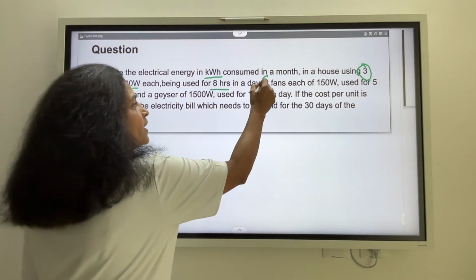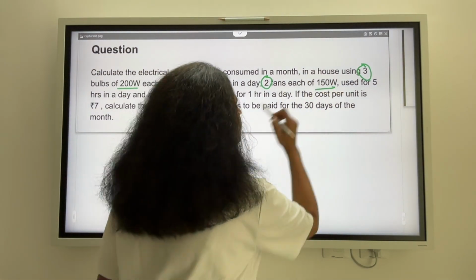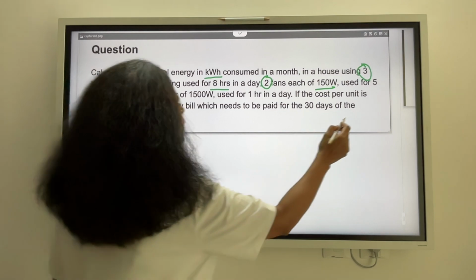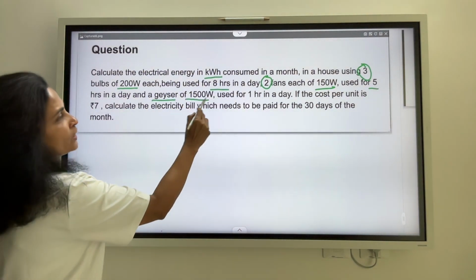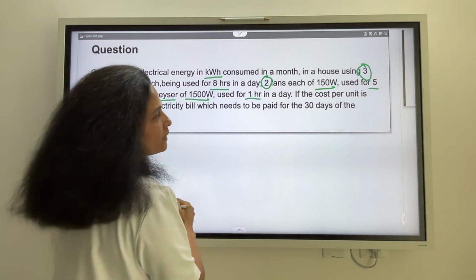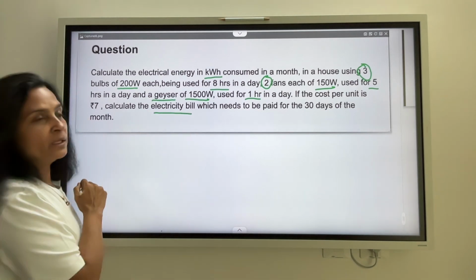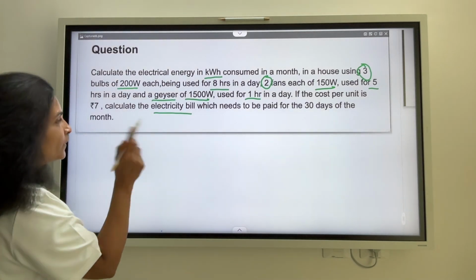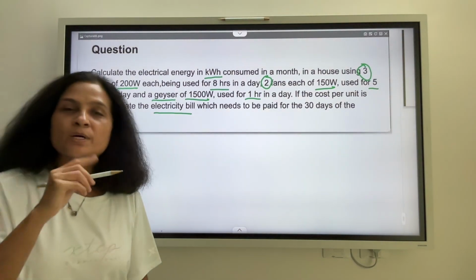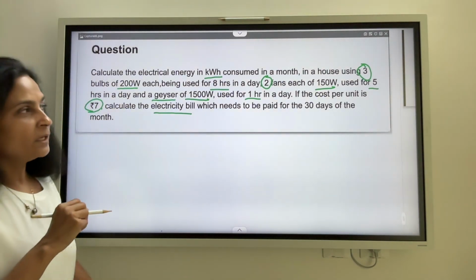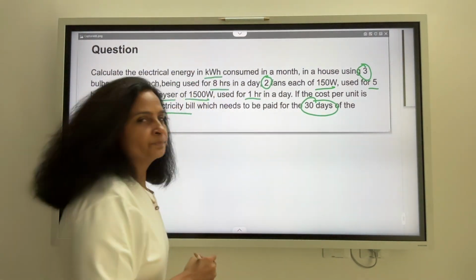You have 2 fans rated at a power of 150 watt, used for 5 hours in a day, and you have finally got a geyser which is 1500 watt, used 1 hour in a day. We have to find out the electricity bill, given that 7 rupees is the per unit cost of energy and month कितने दिनों का है? 30 days का month है.